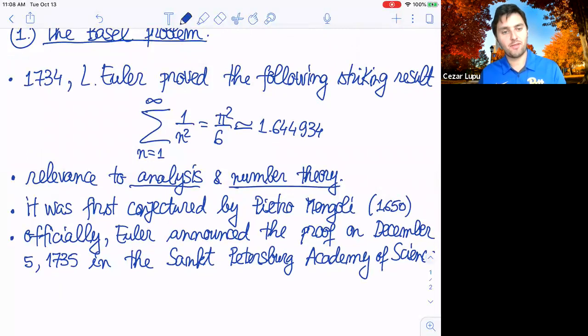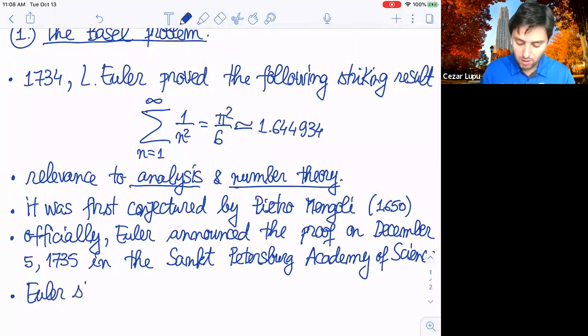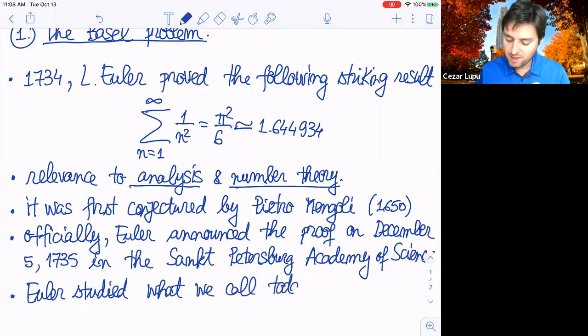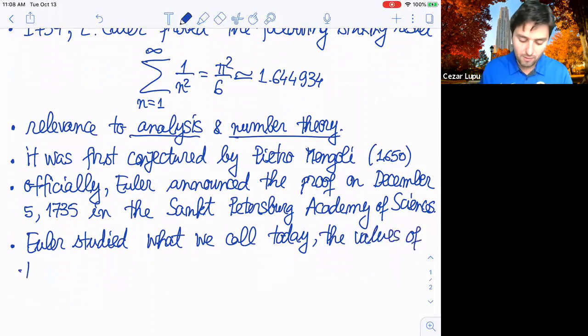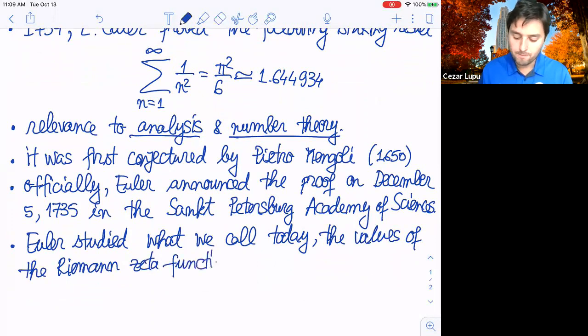Moreover, after he found this result, he was tempted to find other values as well. So we can say that Euler, the same Euler, studied what we call today the famous Riemann zeta function, the values of the Riemann zeta function, but for real argument.